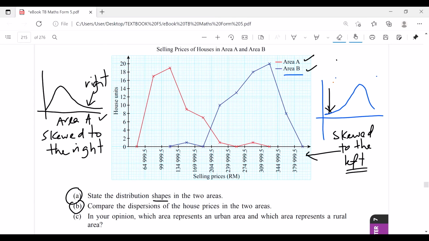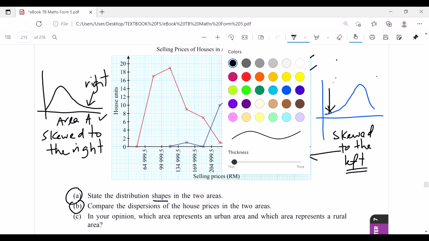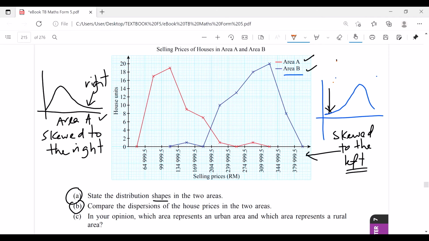If you look at the graph for area A, the highest value is here, the lowest is here. The scale is 1 2 3 4 5 6 7, and this one is half, that means 8. The range is, let's say, 8, to simplify it.